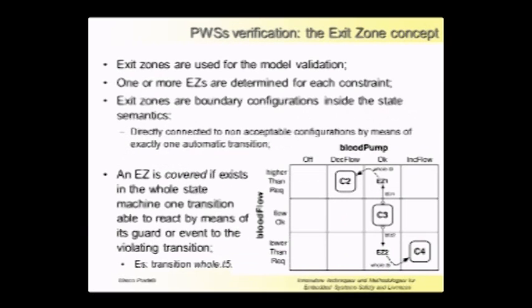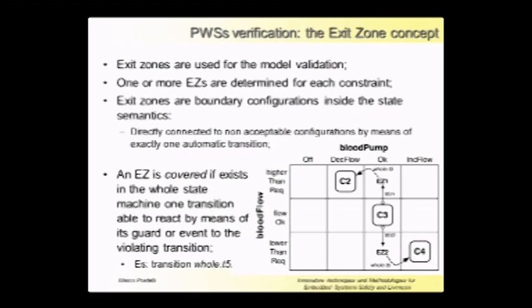Another concept that is at the basis of the verification procedure is the exit zone concept. An exit zone can be seen as a boundary configuration set inside the state semantics that is directly connected to an external configuration, for example, AZ1, by means of a non-controllable transition that is present in one of the components of the assembly.